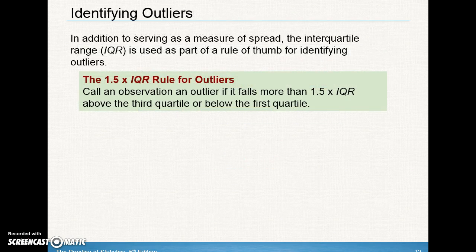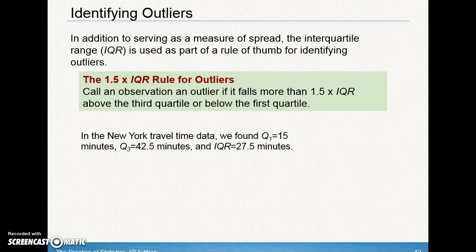Now, outliers. We've talked about outliers. We've talked about potential outliers. Now we have a rule for identifying outliers, and it looks like this. We take 1.5 times the IQR. Notice that the IQR is a number. We multiply 1.5 times that number, and that gives us our boundary for outliers. So now what we want to do is we take Q1 is 15, and Q3 is 42.5. IQR is 27.5.